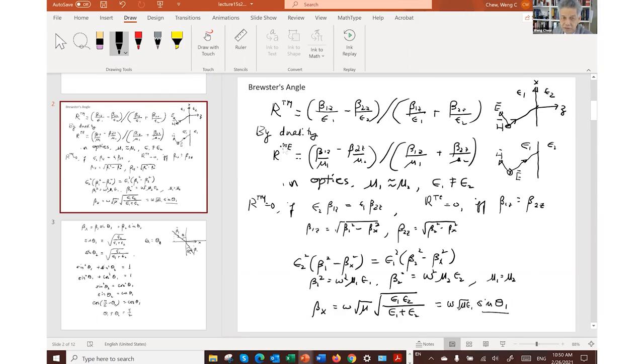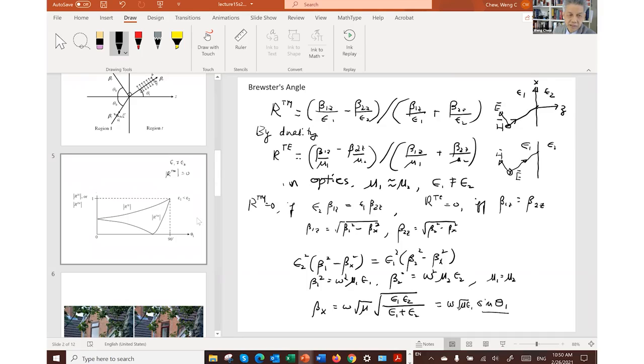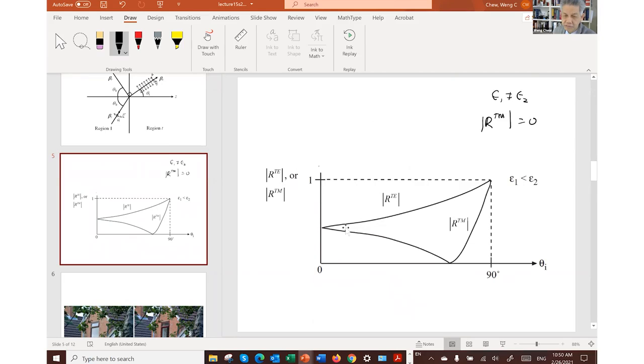It's not possible to make RTE go to 0. You can convince yourself that this equation has no solution. So the TE reflection coefficient does not go through a 0, but the TM reflection coefficient would go through a 0.